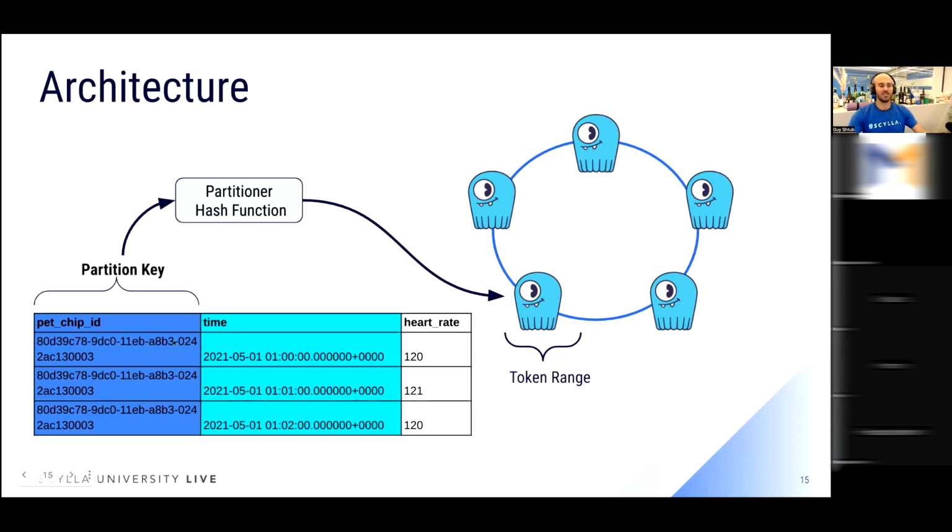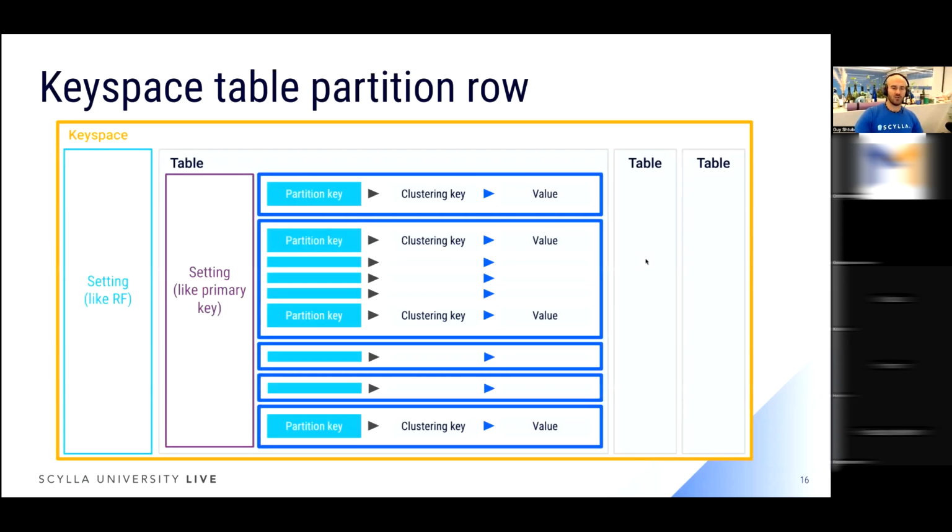Now, what the database does is when a user performs a query, writing a single row, the database takes the pet chip ID, the partition key column, and it performs the partition hash function on that column. And according to the given hash or to the given token, it knows which nodes are responsible for this specific piece of data. Okay, so the partition is really important.